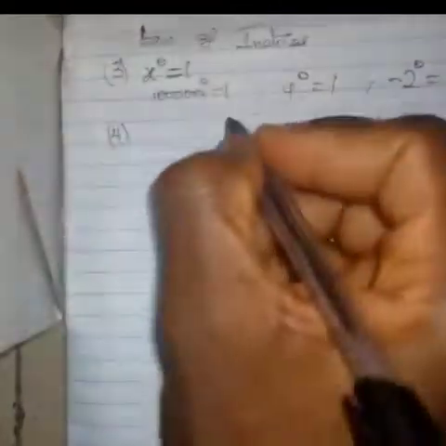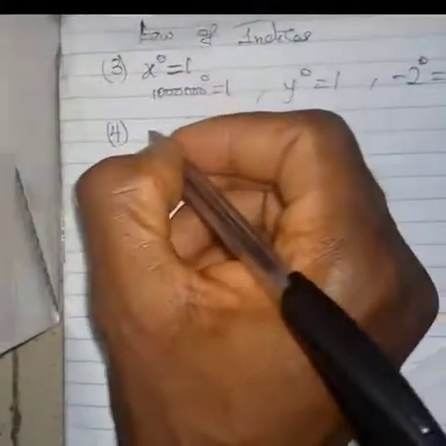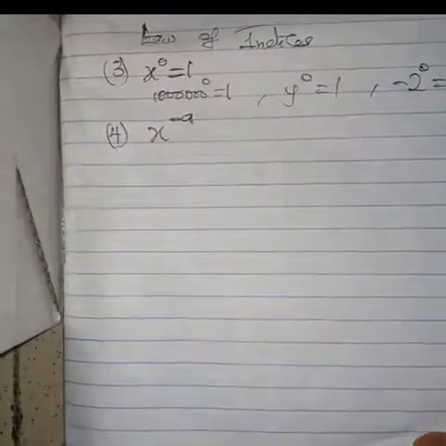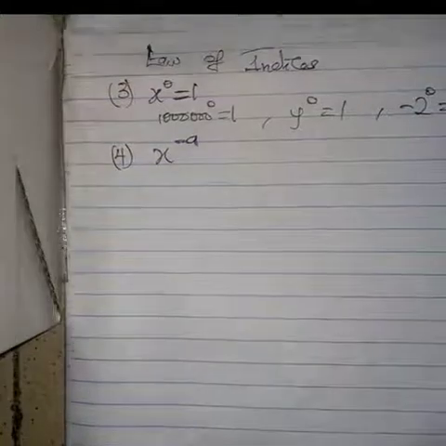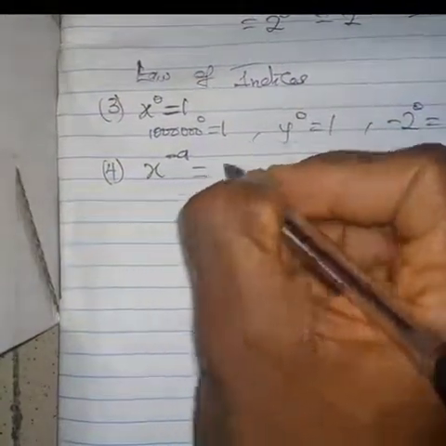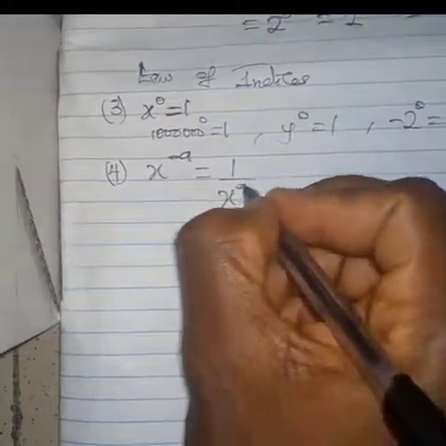Looking at the fourth law of indices, we might have seen something like that in what we did before, right? Where you have something like x raised to the power minus a, which is actually equal to 1 all over x raised to the power of a.